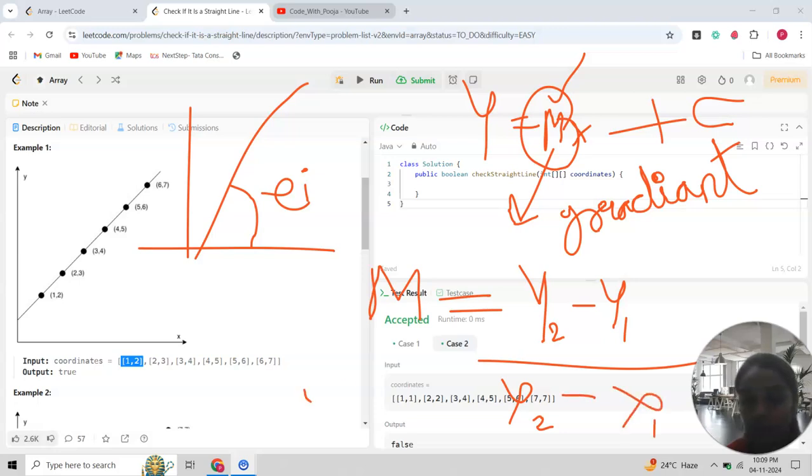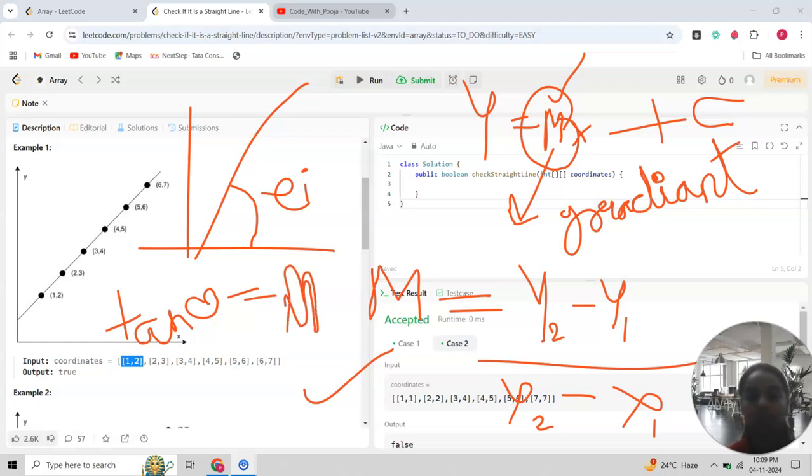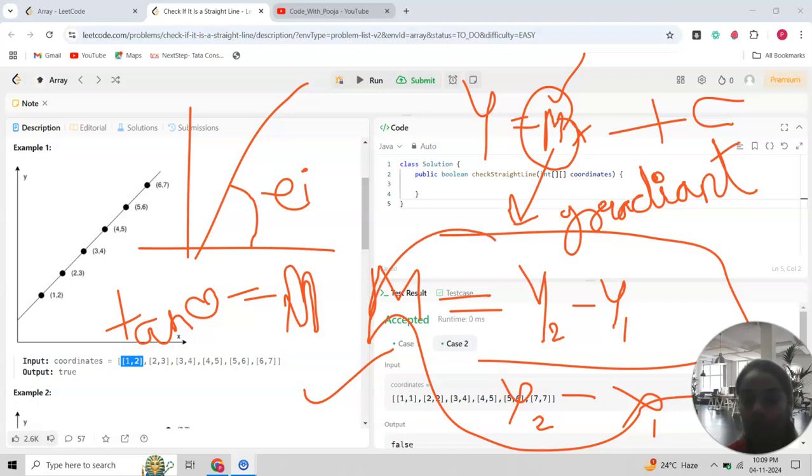Also, this slope can be written in the form tan theta equals m. But we mainly have to focus on this formula, m equals y2 minus y1 upon x2 minus x1. We will work on this formula in the question.